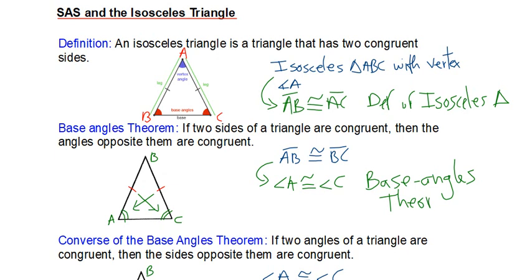Or if you prefer, you can write what the theorem says. You will have to write the whole statement, but for short, we can just say base angles theorem as the reason.